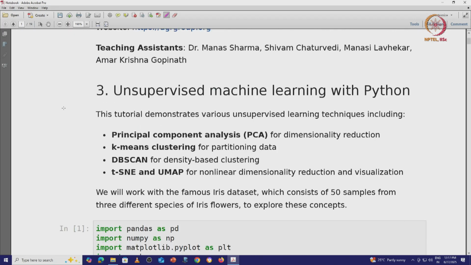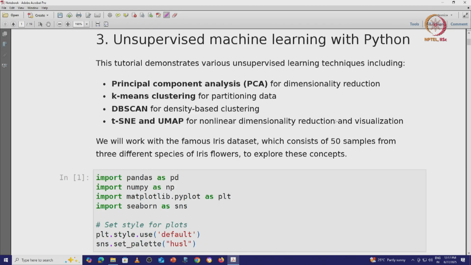So let's go right into unsupervised machine learning with Python, and specifically what this tutorial does is it will teach you about principal component analysis or PCA, which is for linear dimensionality reduction. This is what we learned in the class. Then we will talk about k-means clustering, which is the simplest form of distance based clustering that can be done.